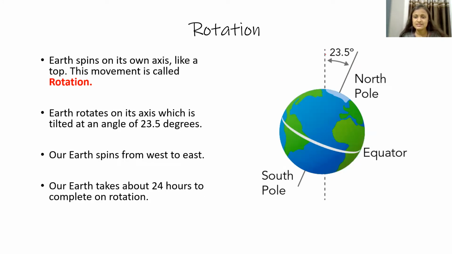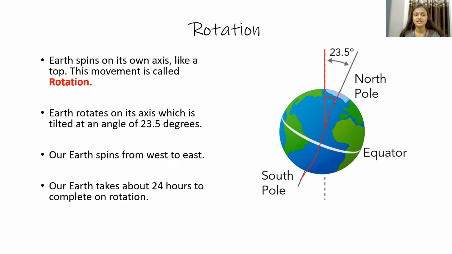This straight line, and if this is our Earth's axis which is tilted or slanted, the angle formed by the straight line meeting here is 23.5. So Earth rotates on its axis which is tilted at an angle of 23.5 degrees.